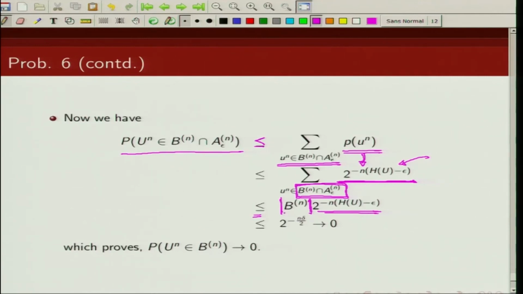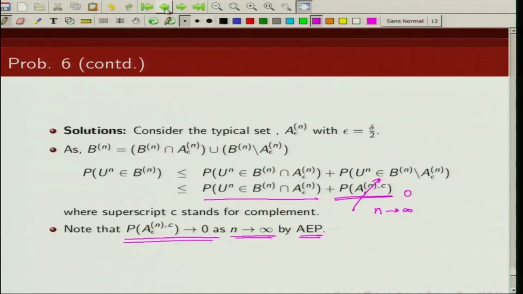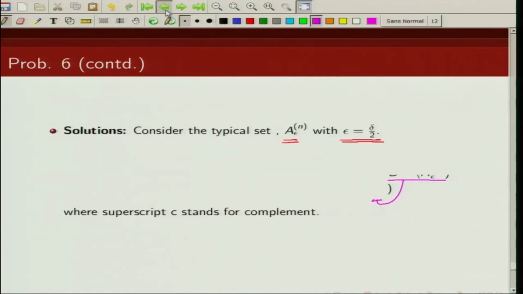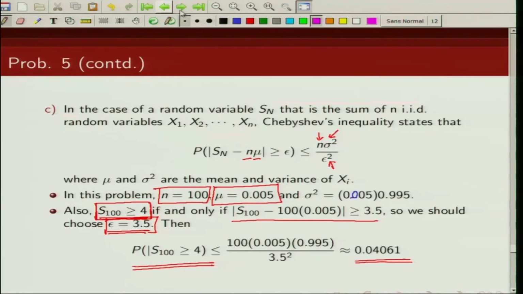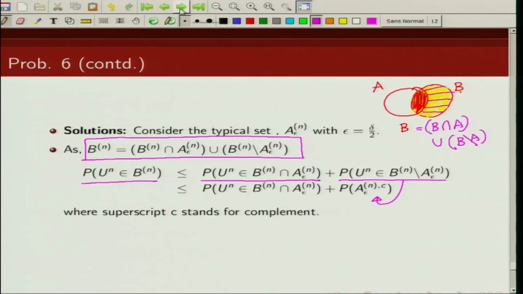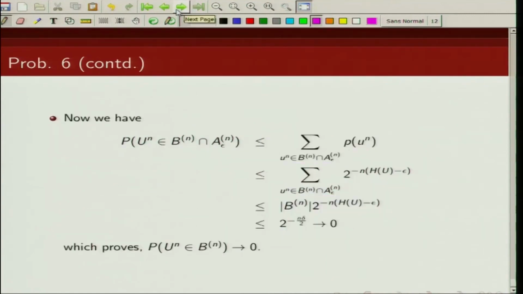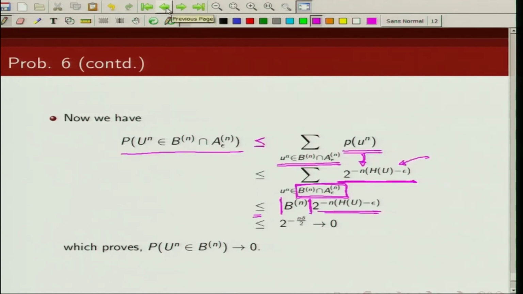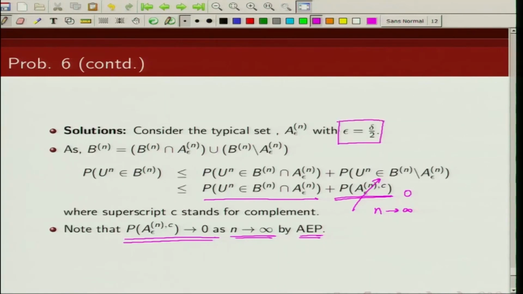And what is B_n? We just saw it is bounded by 2 raised to the power n(H(U) minus delta). If I plug in this value of B_n, and plug in the value of delta, we chose delta as 2 times epsilon, so epsilon is delta by 2.